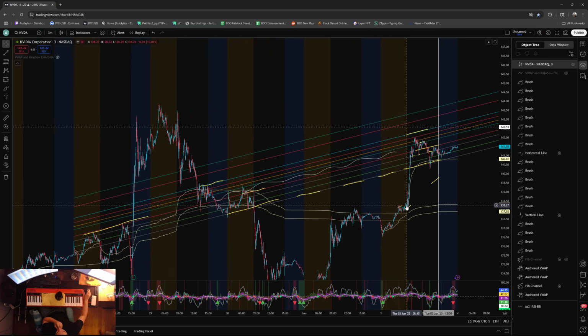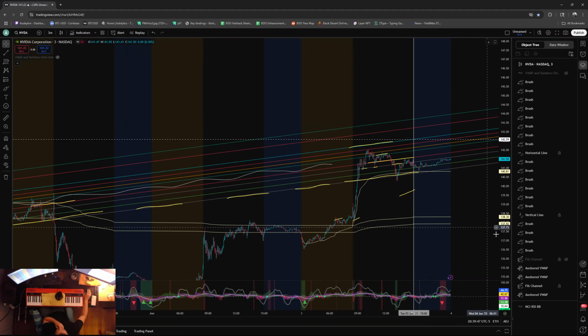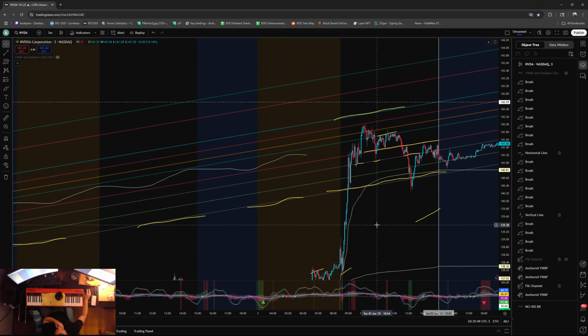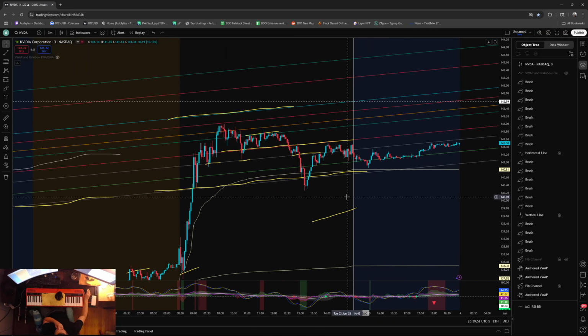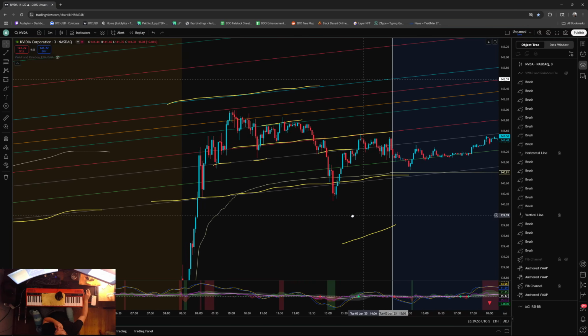So the SPY was using the May 28th fib channel, but bounced out of it today. But NVIDIA is using a May 28th fib channel, and it is still in it, as of course you can see.